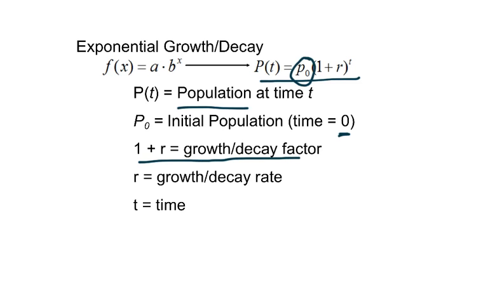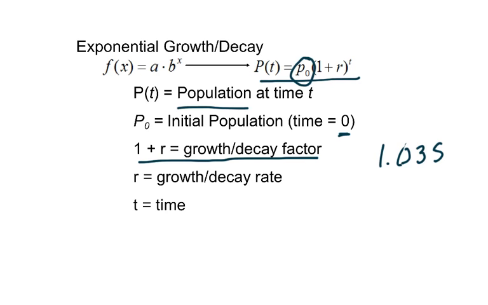1 plus R is your growth or decay factor, and that's why we don't have any negatives in there, because you're either adding that rate to it. So if you're talking about that mortgage rate that I was talking about, it was going to be 1.00035, 3.5%.